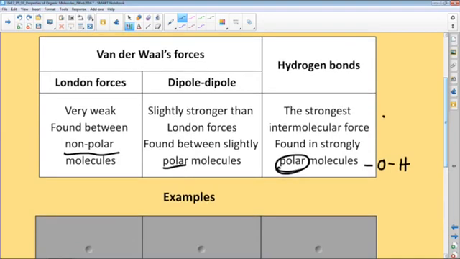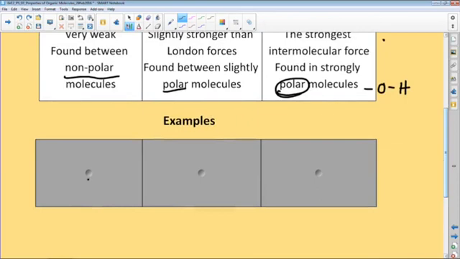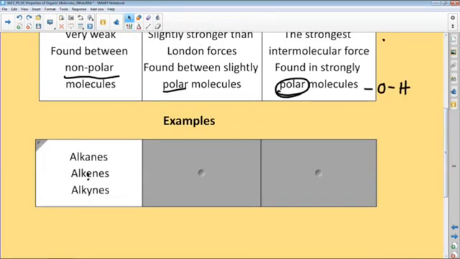So now, where do we find them? London forces are found between our non-polar molecules, and our non-polar molecules are alkanes, alkenes, alkynes.